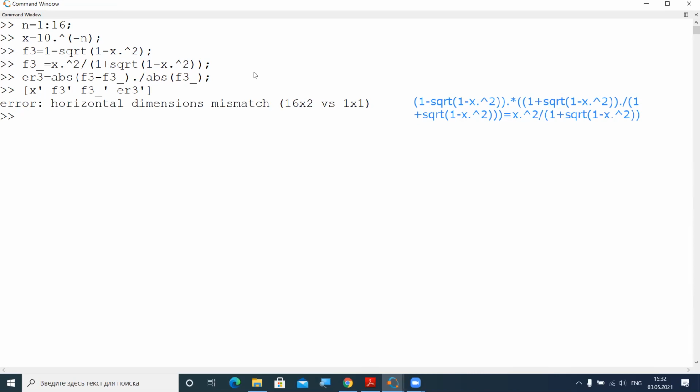Here we lost a point in F3. It should be a point here, this is point division.